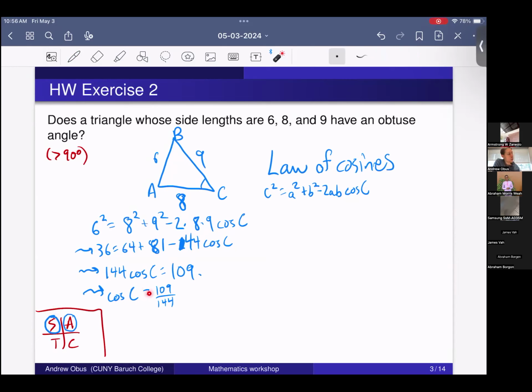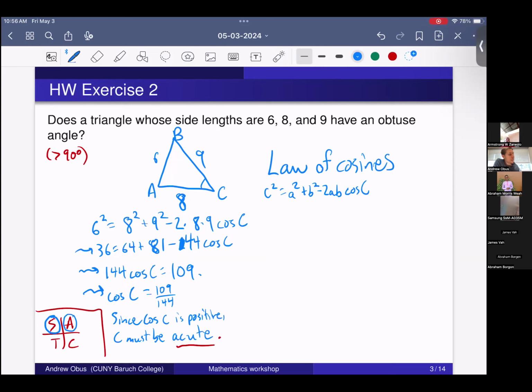So here, since cosine C is positive, C must be an acute angle. Okay, right? Because if C was obtuse, then its cosine would be negative.